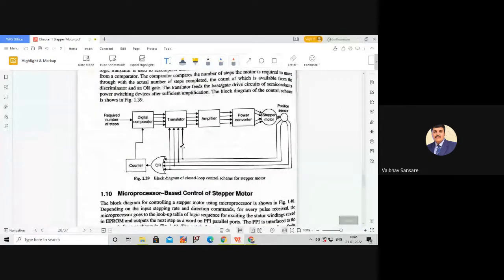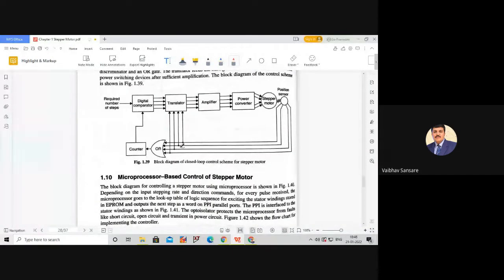Now let's move towards the closed loop control scheme of a stepper motor. As I have already explained, in closed loop control strategy, the logic controller is known as the translator. Whatever logic sequence is initiated depends upon the input which is provided to this translator circuitry.